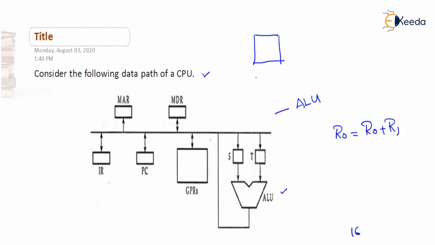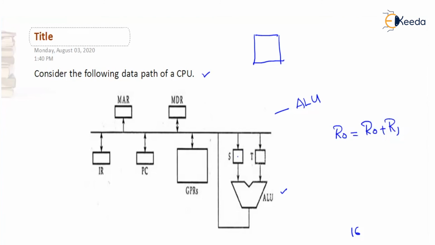First, we need to transfer R0 to S and then R1 to T. That is, the operands that need to be added should be sent to the local registers of the ALU. Those are S and T.